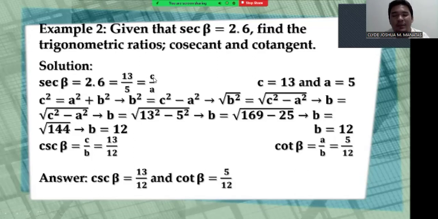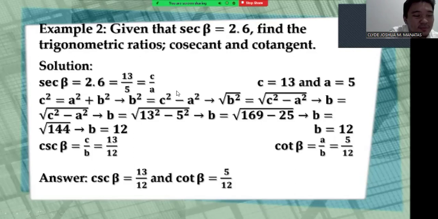And lastly, cotangent beta is equal to A over B, wherein A is 5 and B is 12. So cotangent beta is equal to 5 over 12. So this is the correct answer: cosecant beta is equal to 13 over 12 and cotangent beta is equal to 5 over 12.